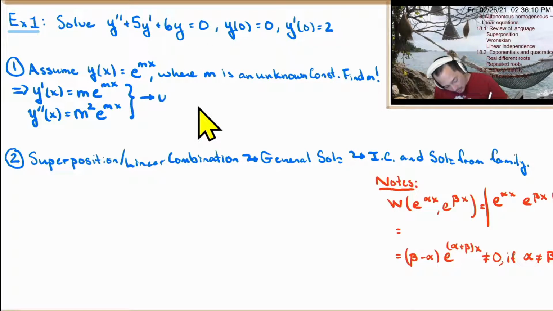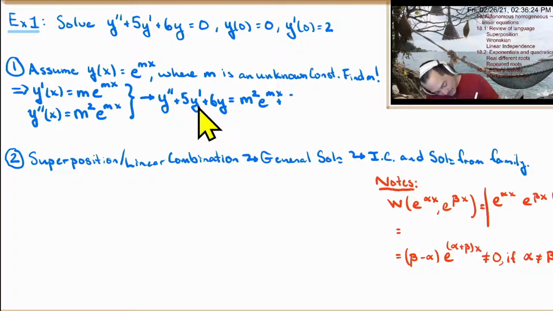So that means that y double prime plus 5y prime plus 6y is equal to m squared e to the mx plus 5m e to the mx plus 6 e to the mx.